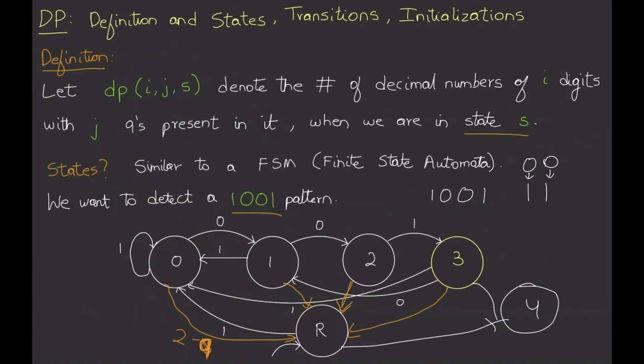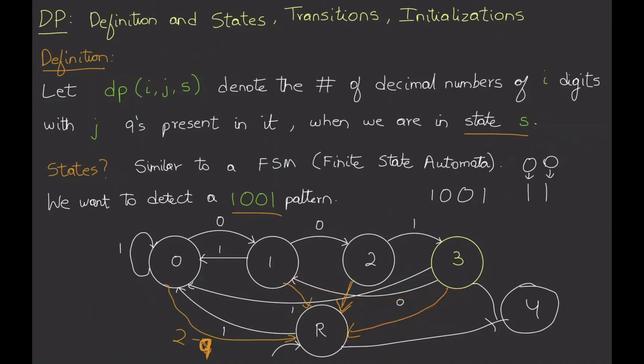Next is state 2. Which are the possible states from which I can go to state 2? I can go to state 2 from state 1. And is there anything else? No, actually. If I see a 0 from any other state, I will have to go to either this state or this state. We will see why we go to this state on seeing a 0 later.